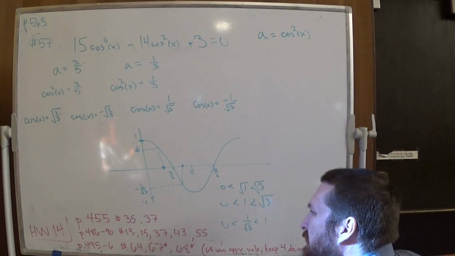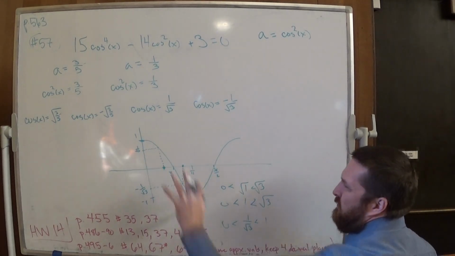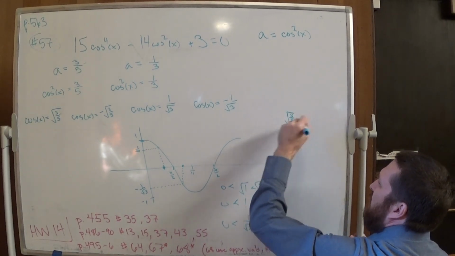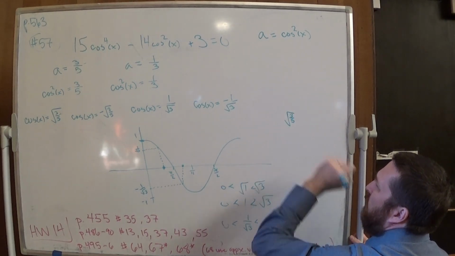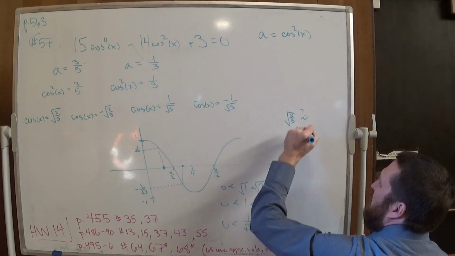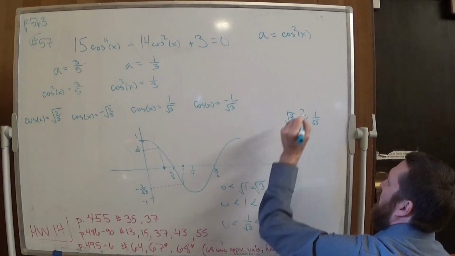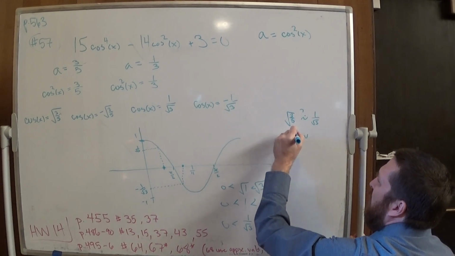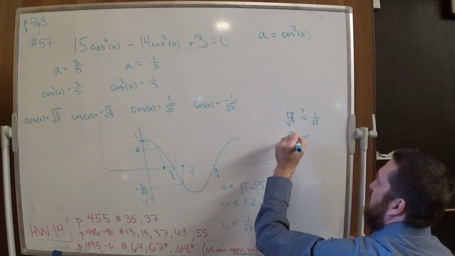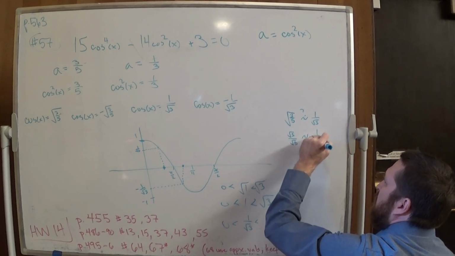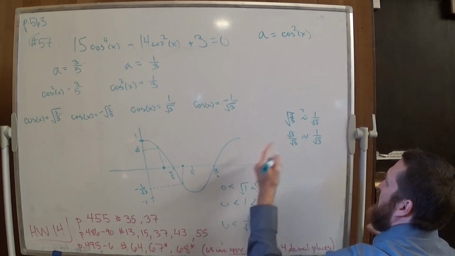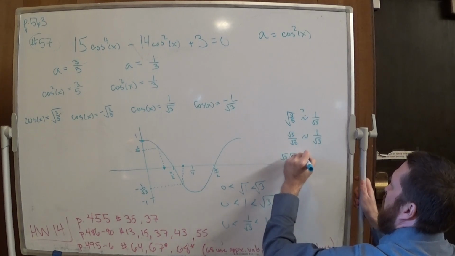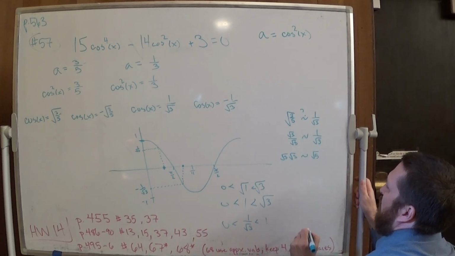I want to do one more thing though. Just because I already have this written out, I want to find out: is root 3/5 bigger than or smaller than 1 over root 3? I don't know, so this is my shorthand for not knowing if it's less than or bigger than. I want to multiply both sides by the denominator, noting that everybody's positive. I get root 3 times root 3 over here, root 5 over here.